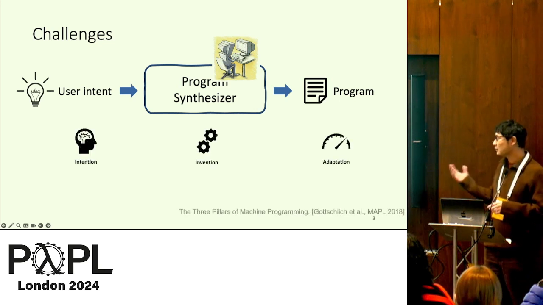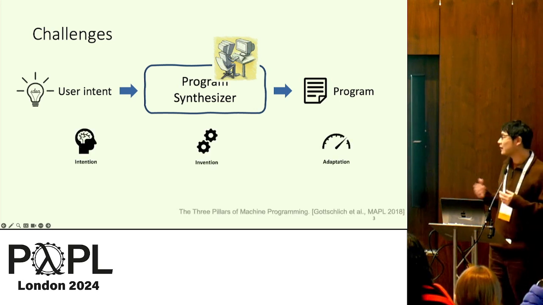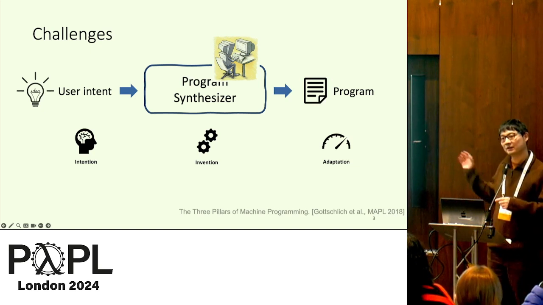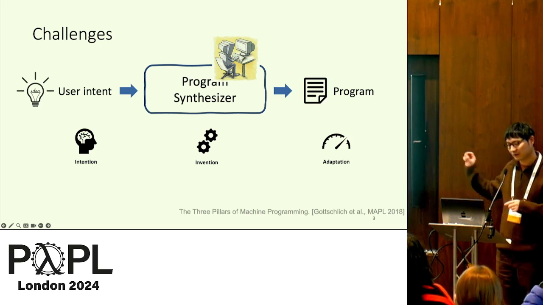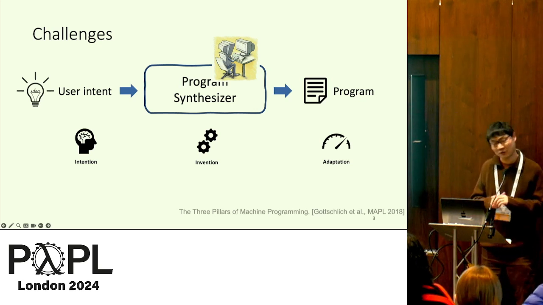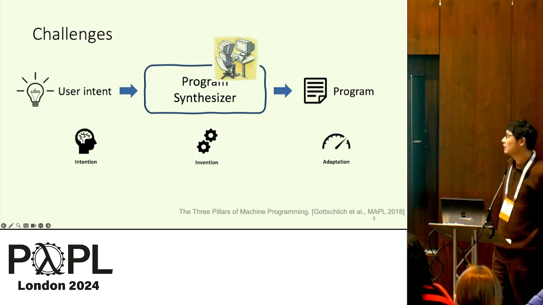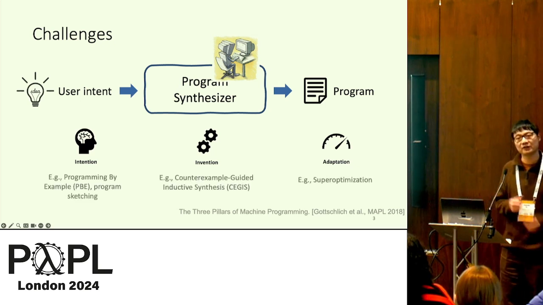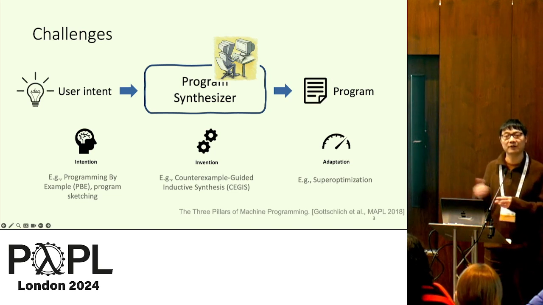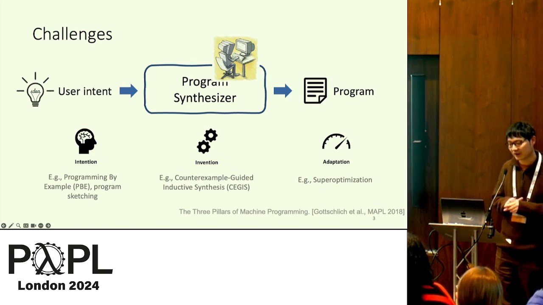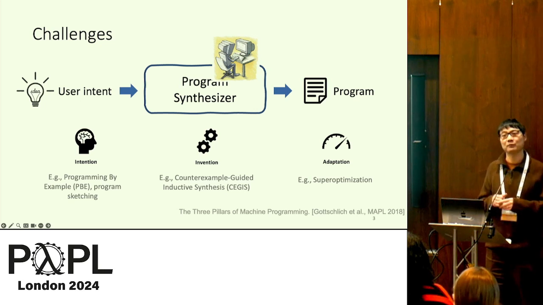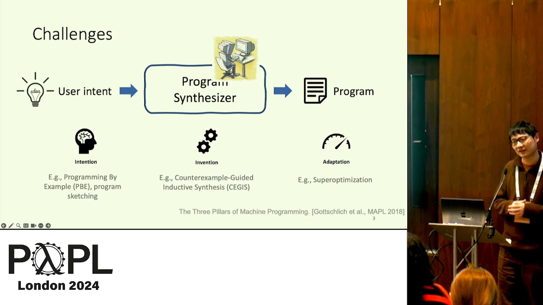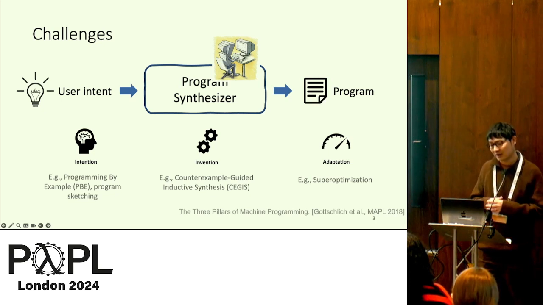So the three categories are intention, invention, and adaptation, following the categorization from the different programs. Intention is the user intent, or the skeleton of the program.